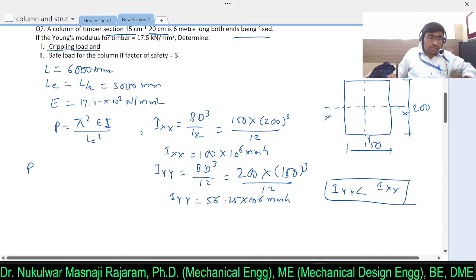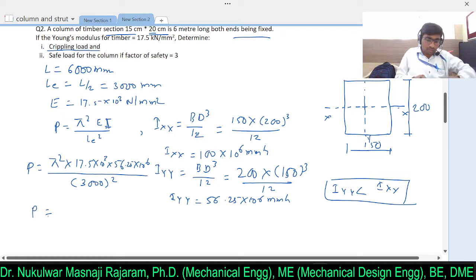So here I will write pi square into E value, 17.5 into 10 raised to 3, into I value, 56.25 into 10 raised to 6, divided by the L value, 3000 square.